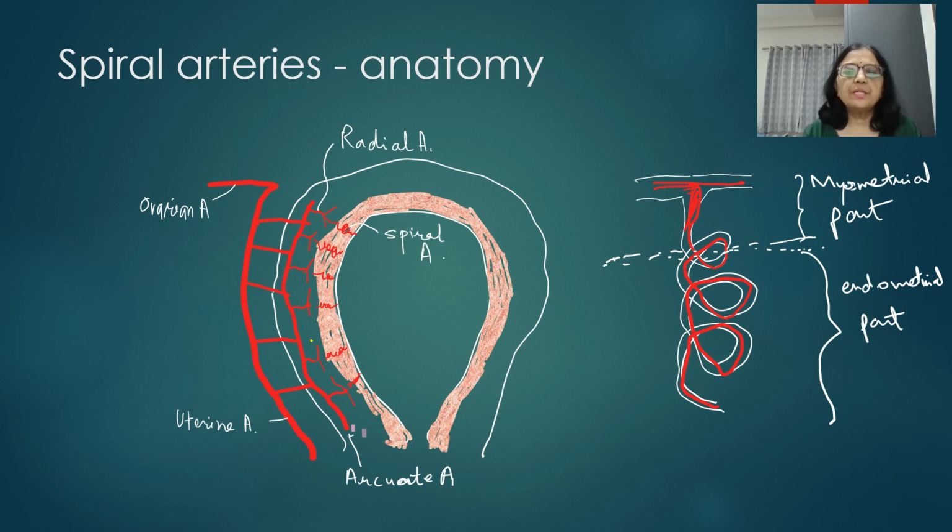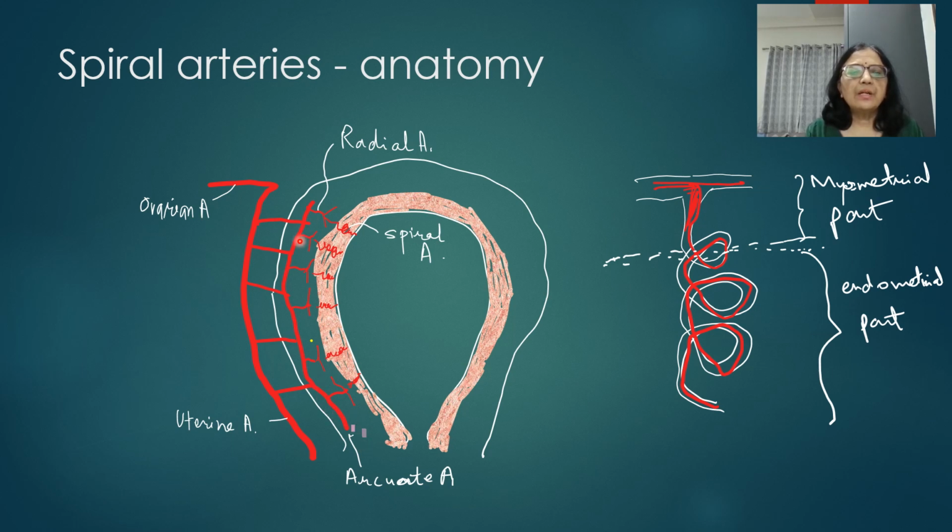Now, to understand the first, that is placental maldevelopment, we need to understand the anatomy of spiral arterioles. This is the uterine artery, which sends branches piercing into the myometrium. Then there is another rich network of arcuate arteries.